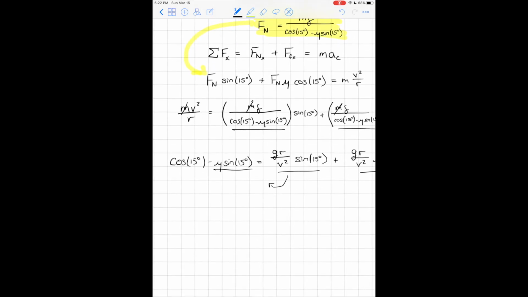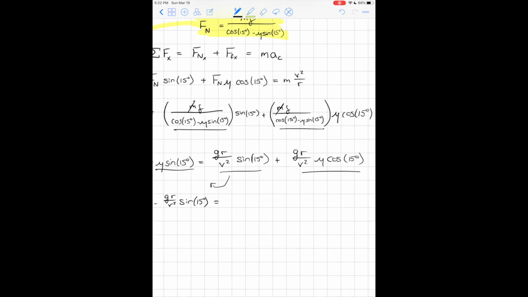That step is starting to look like cosine 15 degrees minus g r over v squared times sine of 15 degrees equals, and again I'm going to factor out these common mu's, mu times sine 15 degrees plus g r over v squared cosine 15 degrees.